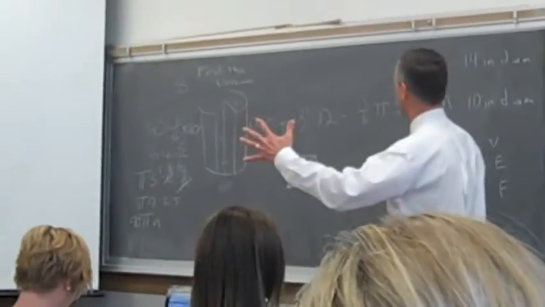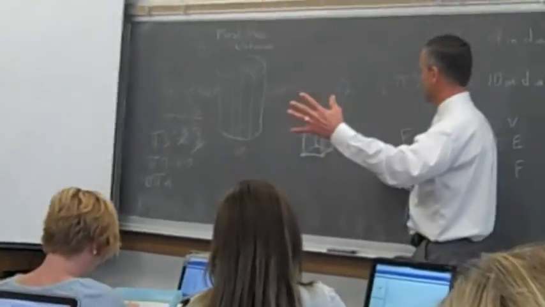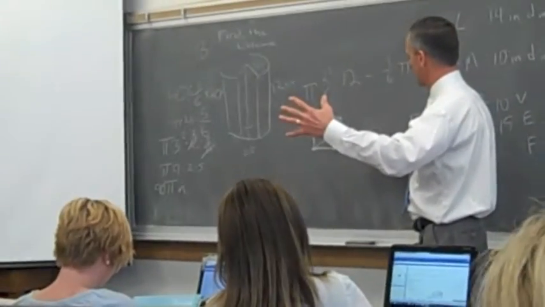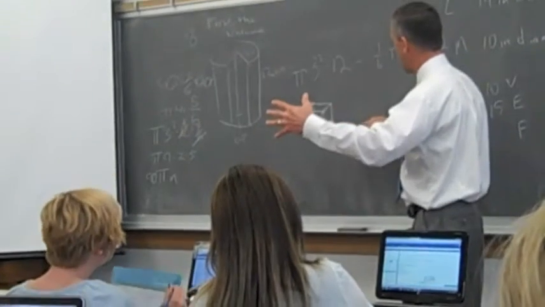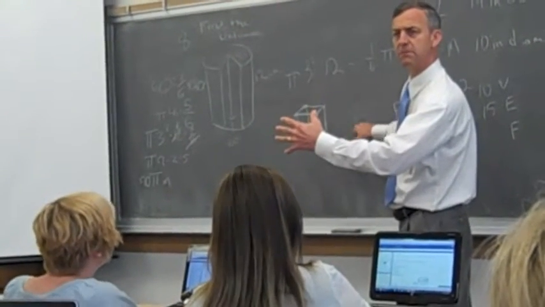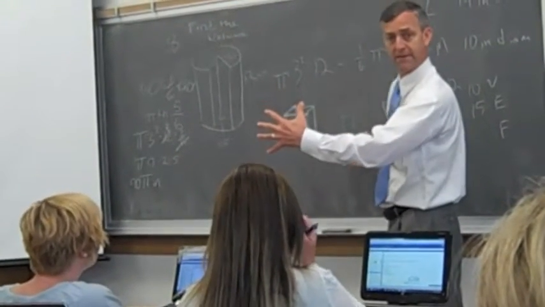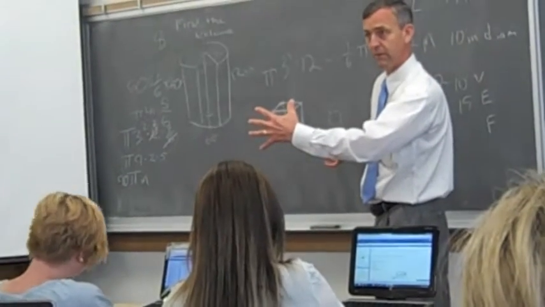I'm just shining the light, and since the one that's behind is further away, it appears to be smaller, right? That could be what I see. Are you with me?